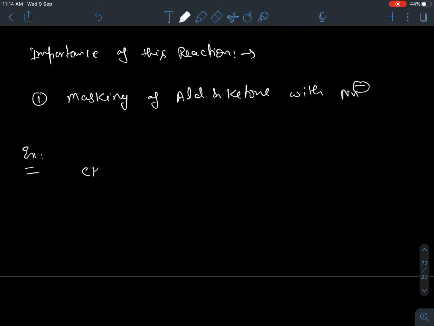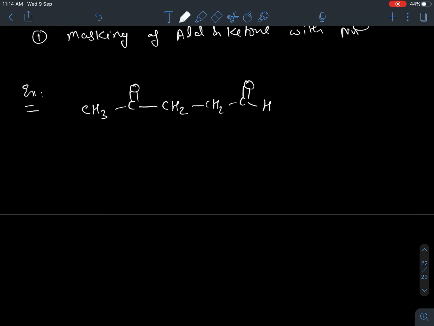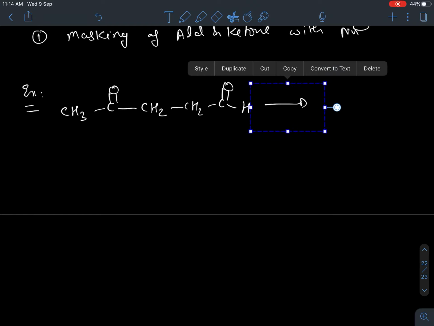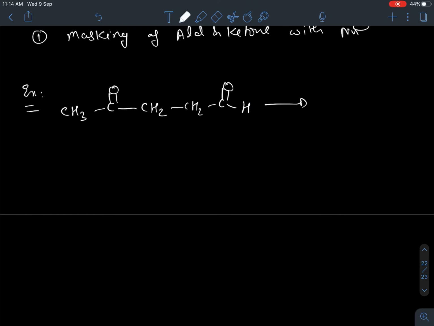जैसे आपके पास सपोज करो कि यू हैव दिस कीटोन, से फॉर एग्जाम्पल, at the same time you have this aldehyde group, and now you want selectively that your ketone should convert into this.